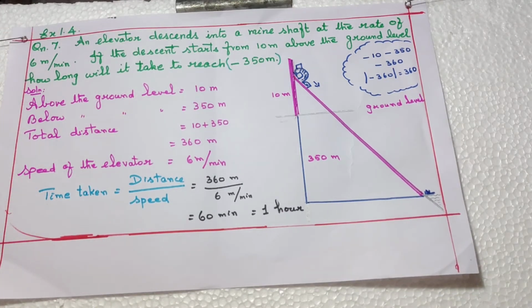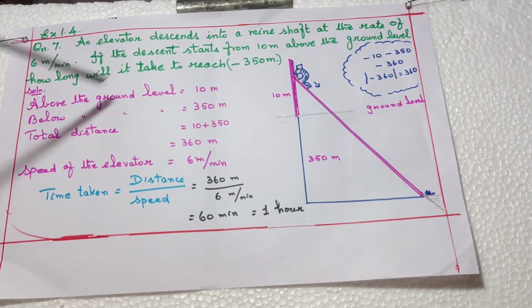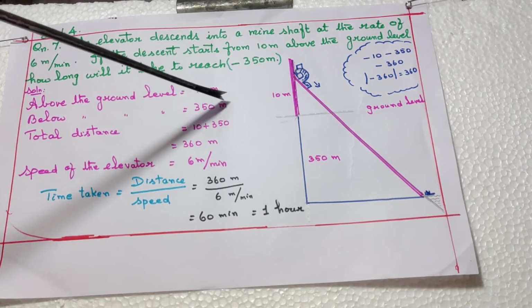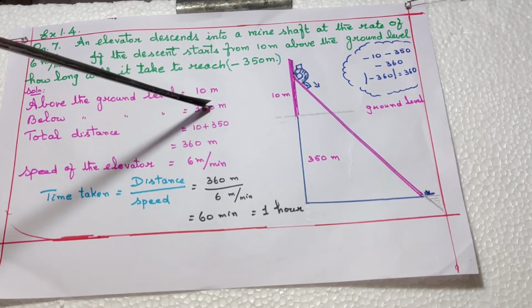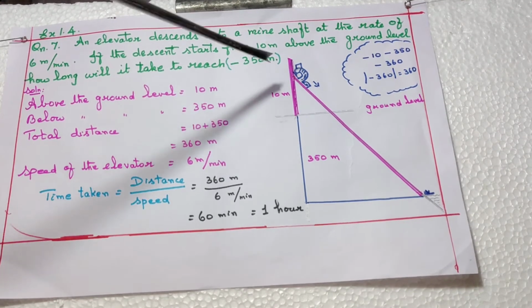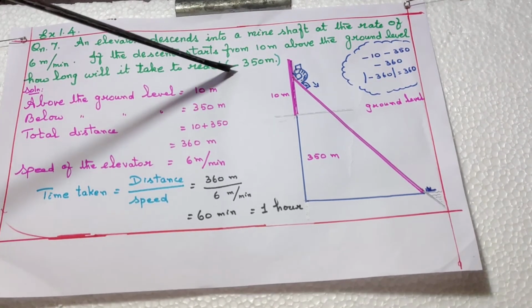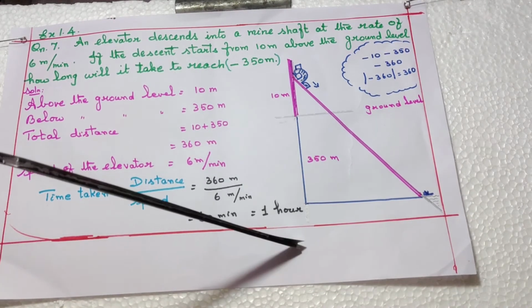Okay. Now they asked us to find how long. How long means the time taken. Okay, let us go step by step. Where is the elevator now? The elevator is above the ground level 10 meters. Below the ground level 350 meters. Children, when it is denoted with minus, it is below.